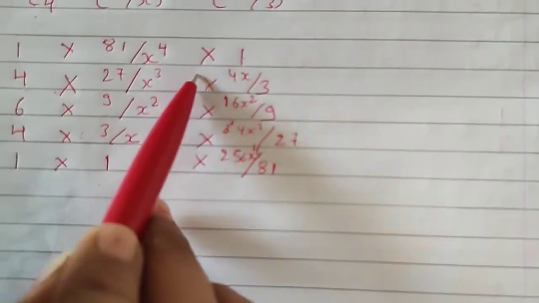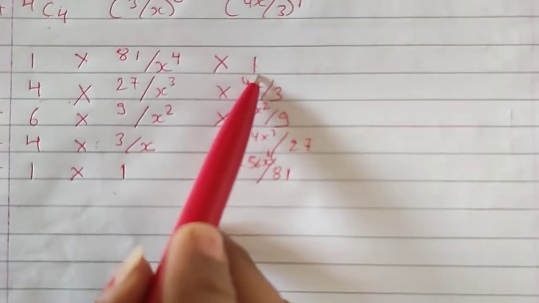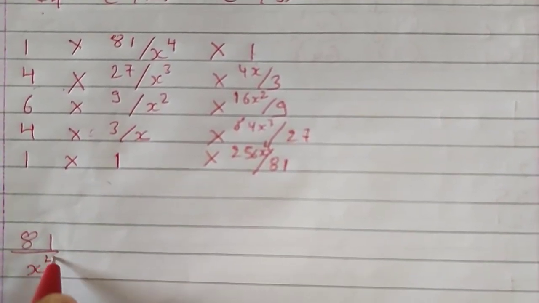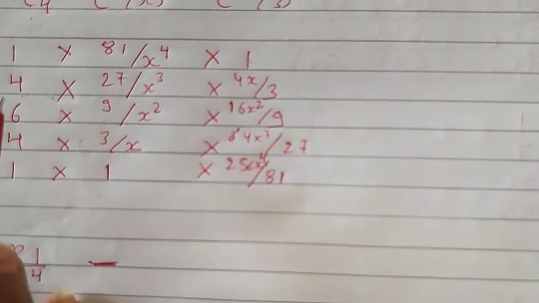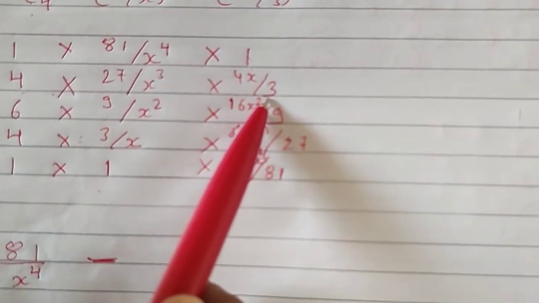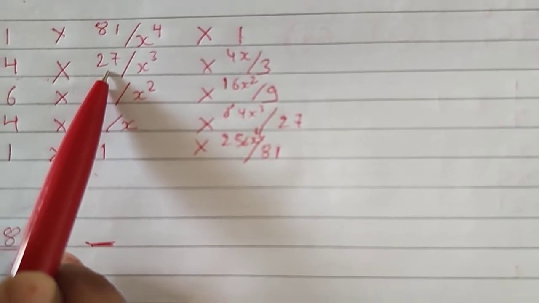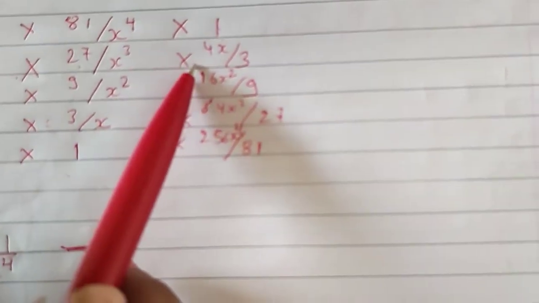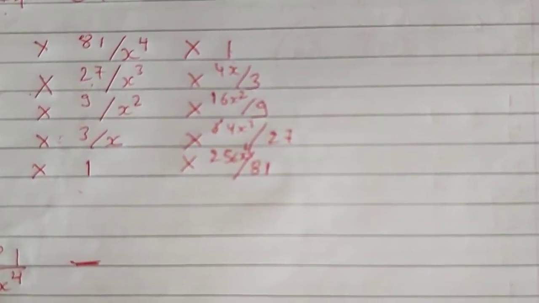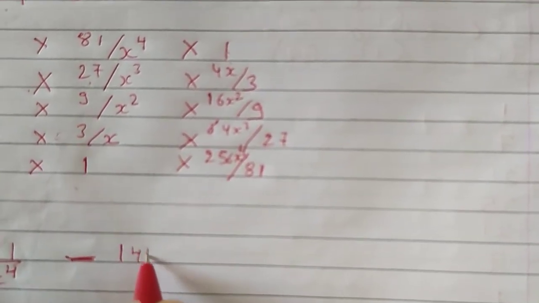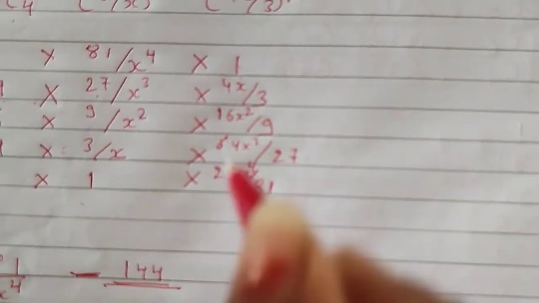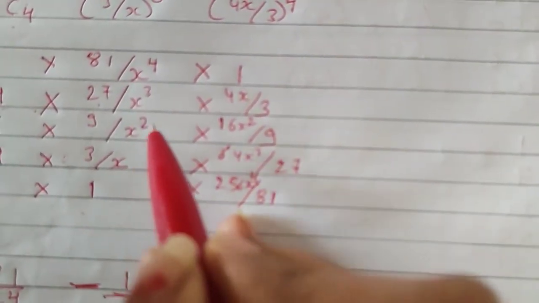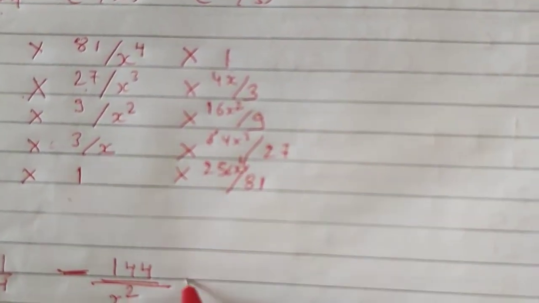Now whatever things will cut here, in the first term nothing will get cut, so our answer will be 81 upon x^4, then minus, now here this 3 and 27 will get cut, 9 and 9 into 16, so that will give you 144 upon, numerator is x and here it is x cubed, so that will get cut, so we'll get x square in the denominator, plus.